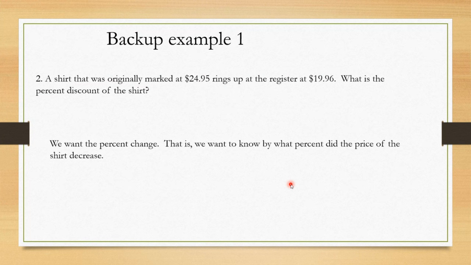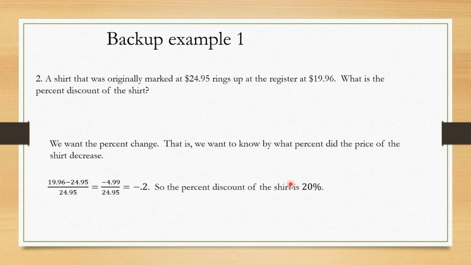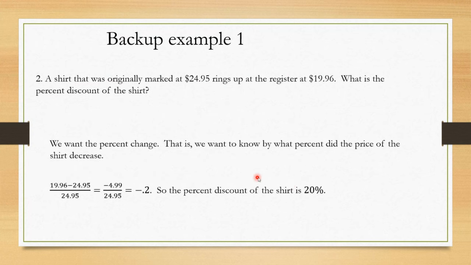Well, what do we get? We have to calculate the percent change, right? And that's this. Essentially, you're getting the relative change and converting that to a percent, right? The new value minus the starting quantity, the ending quantity minus the starting quantity, divided by the starting quantity.